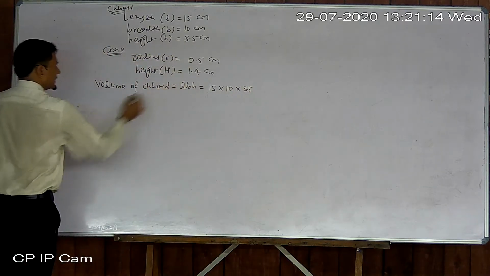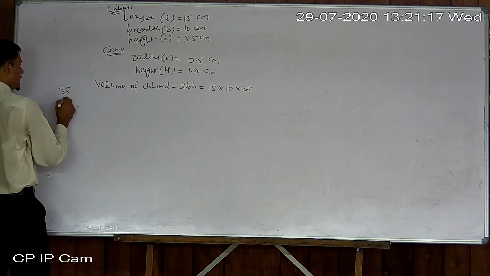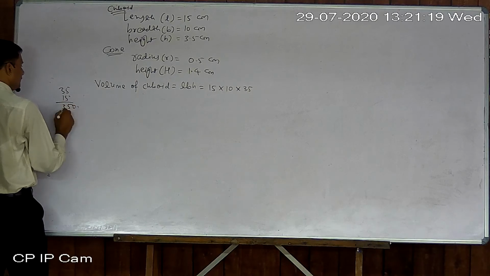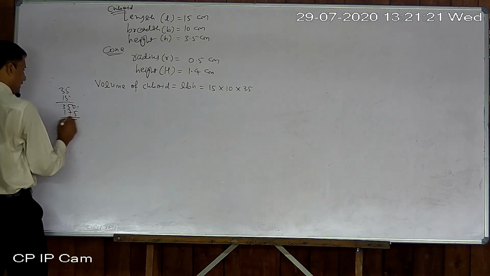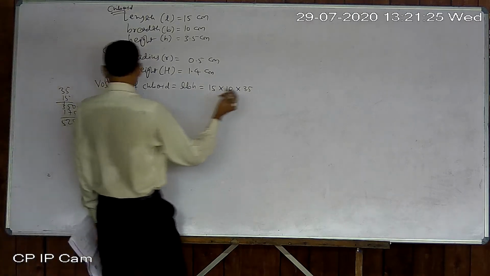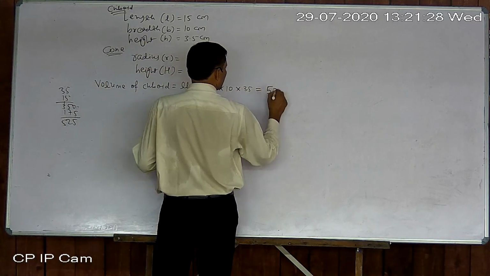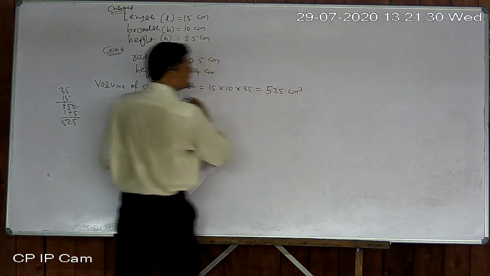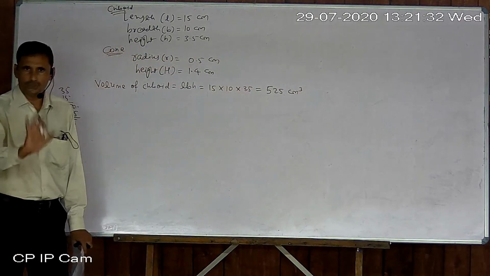Obviously 3.5 into 10 is 35, into 15 is 525. So it will be 525 centimeter cube. This is the volume of the cuboid.